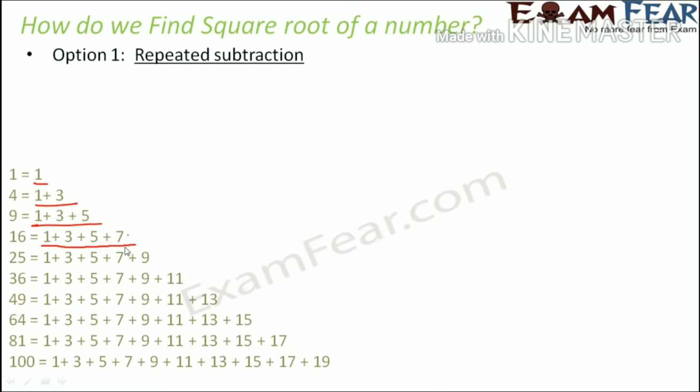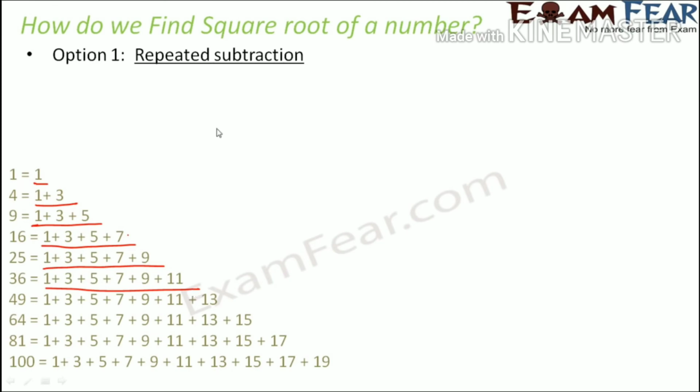And then we said that the sum of the first n odd numbers is n square, and that n square is a perfect square. So that was one way of finding squares of numbers. Now we saw that square root is just the inverse function of squares. So this time also we will do something with the odd numbers, but we will not add. Instead of addition, we will subtract them. That is why this method is the repeated subtraction method.